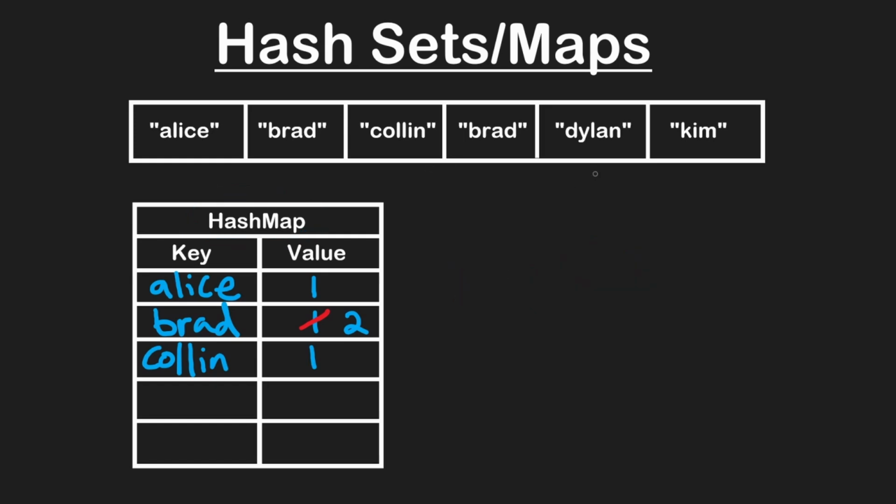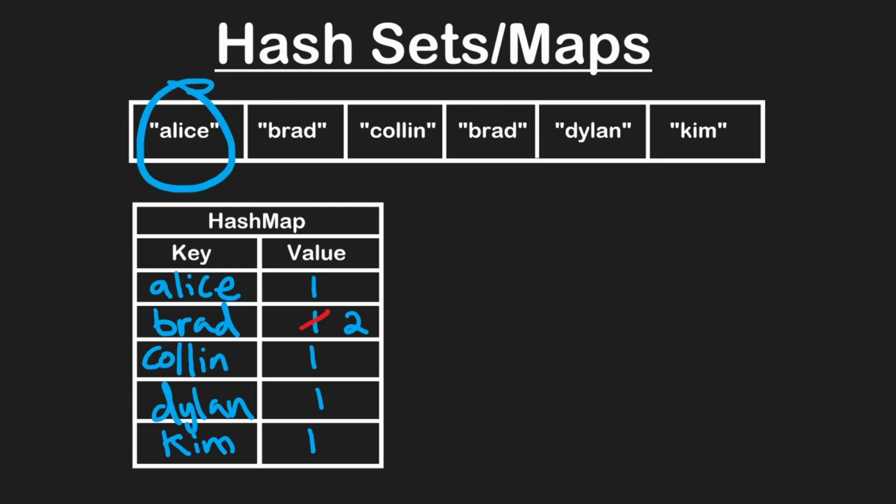So now let's go to the next position, Dylan. It doesn't exist in our hash map. We figured that out by searching, which is an O of 1 operation. So we add Dylan to the hash map, and the count is initially assigned to 1. We get to the last person, Kim, and they also are not in the hash map. We add Kim and set the count to be 1.